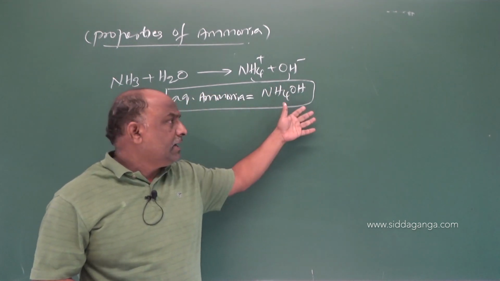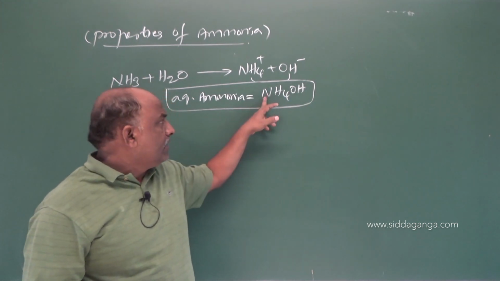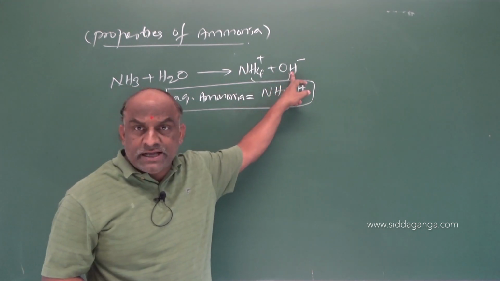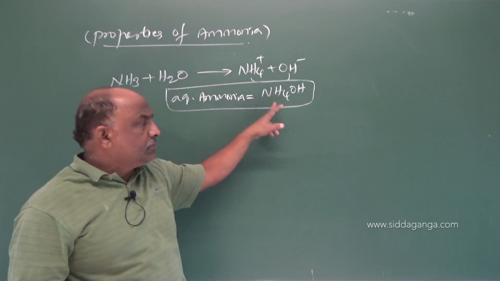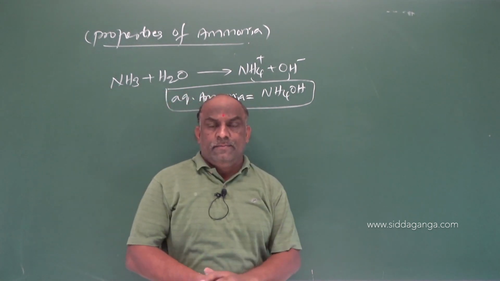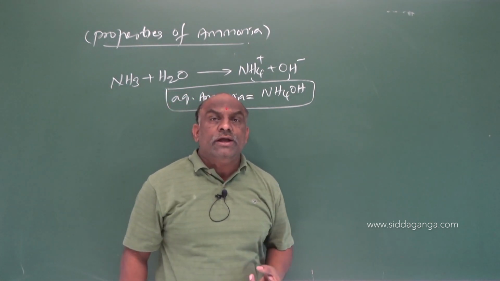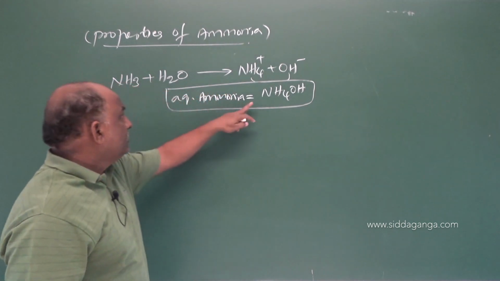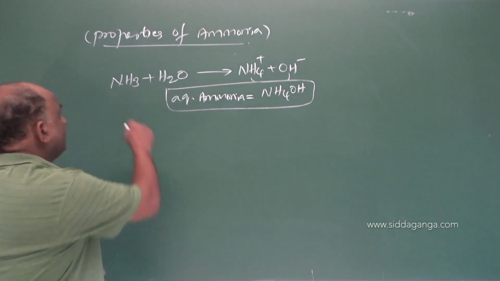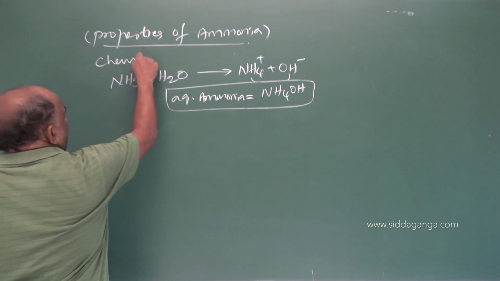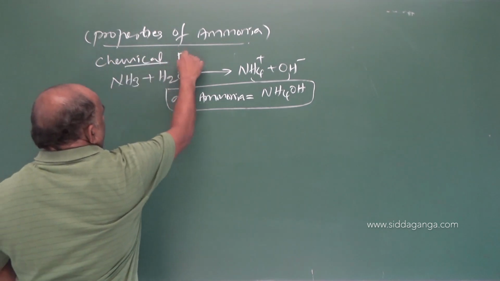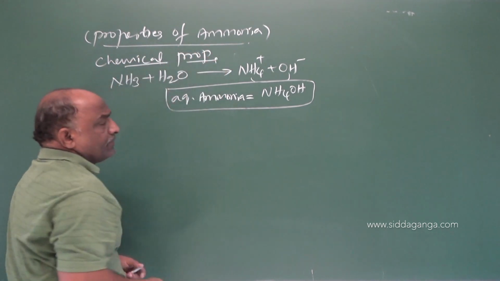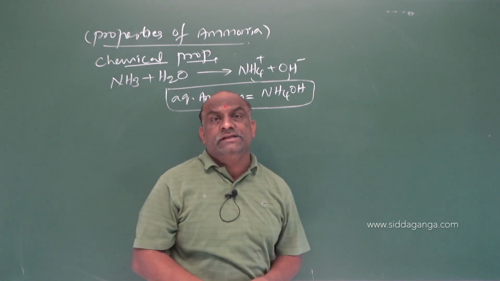It turns red litmus blue and it generates OH minus ions in aqueous solution. So these are the properties of a base. So aqueous ammonia is basic in nature. The first chemical property is that when ammonia is dissolved in water, it generates OH minus ions.